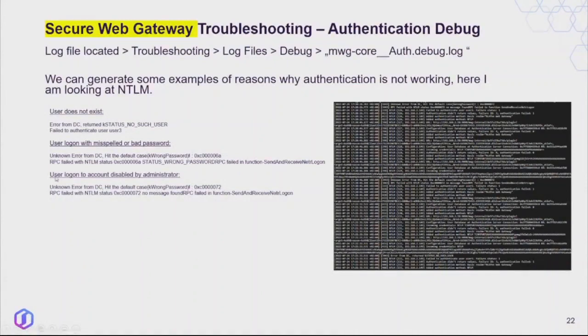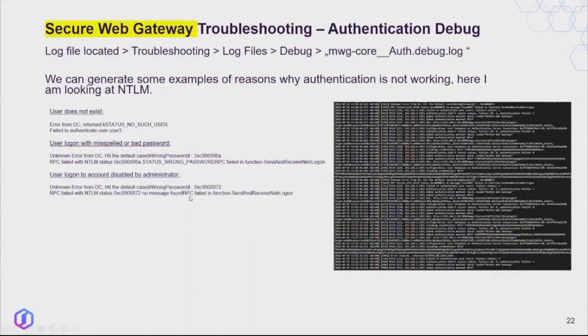The next one was user logon to account disabled by administrator. I disabled it in AD. And again, it hit default case wrong password. These texts match, but the code does not. This code is 0xC0000072, and so it just repeated that same error code.